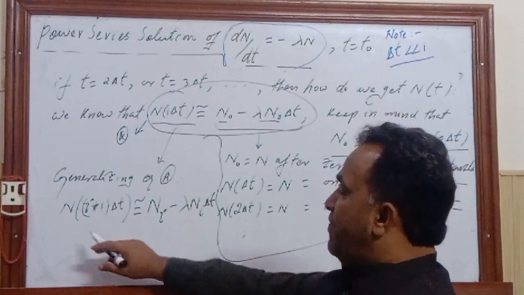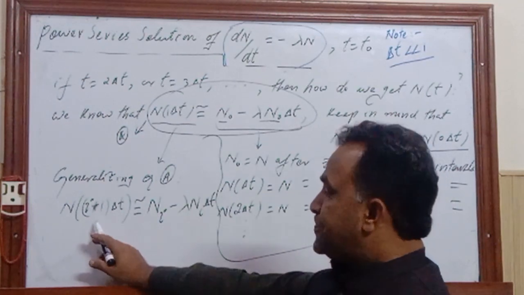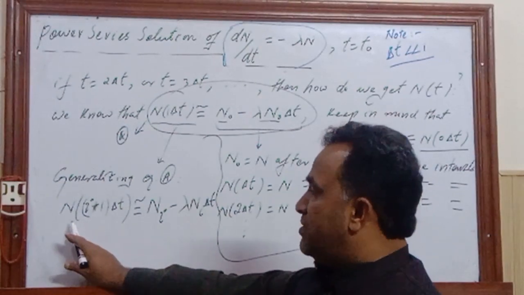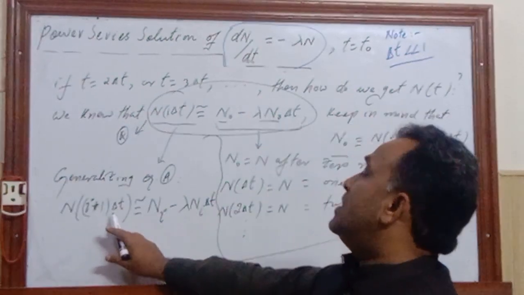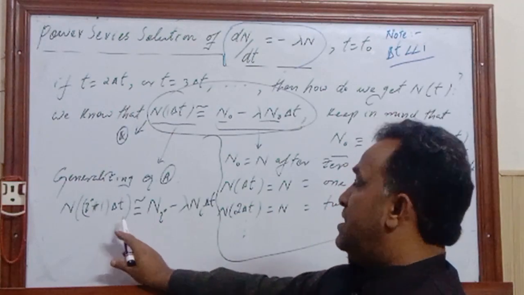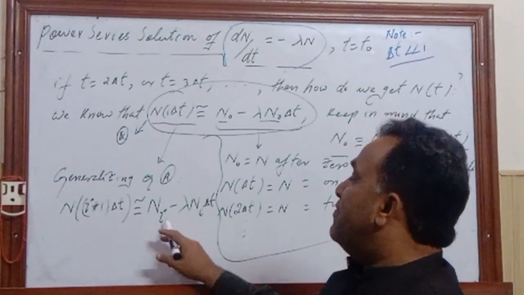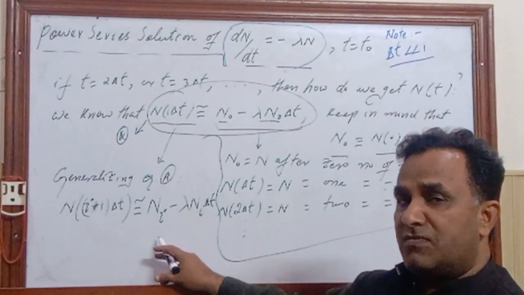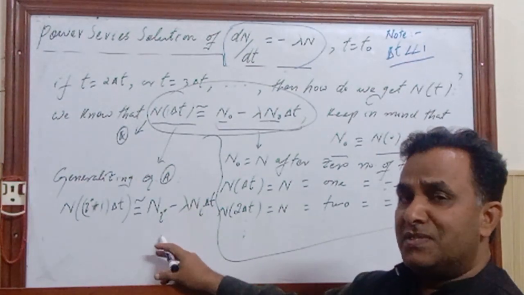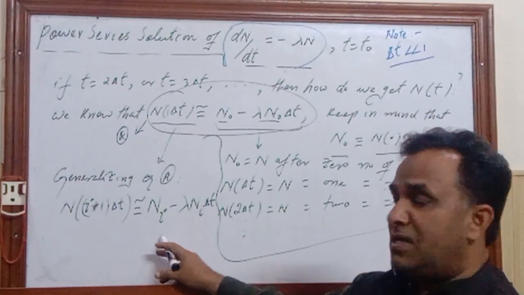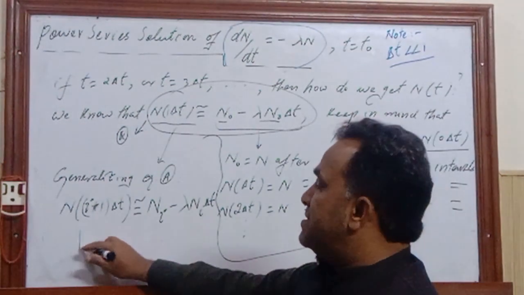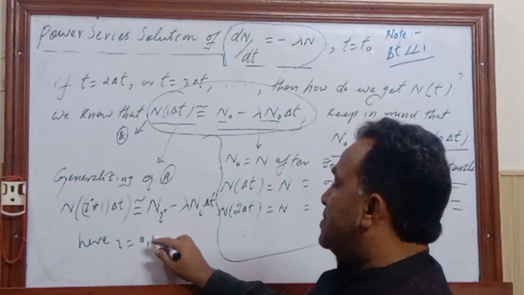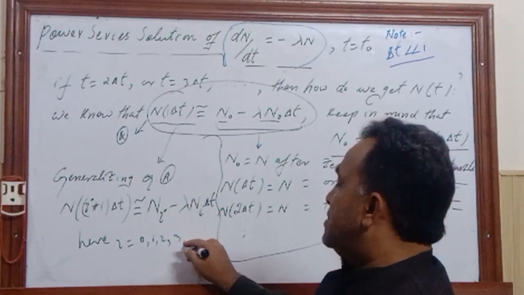Similarly, if we want to find the number of radioactive nuclei after I plus 1 time intervals, on the right side we must know the number of radioactive nuclei after I time intervals. Here I can start from 0, 1, 2, 3, and so on.